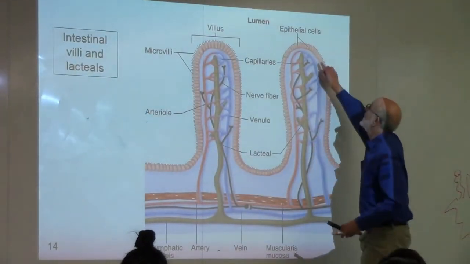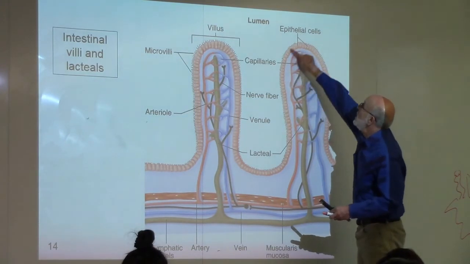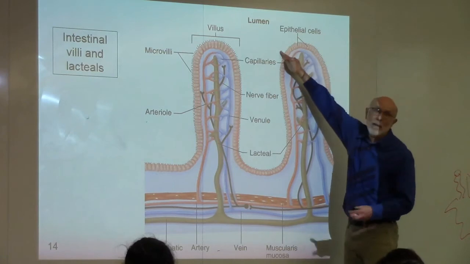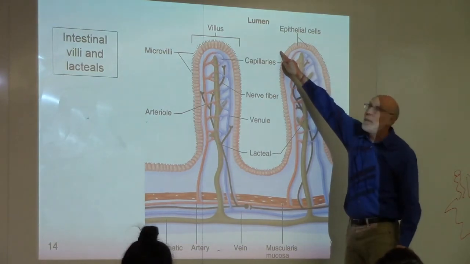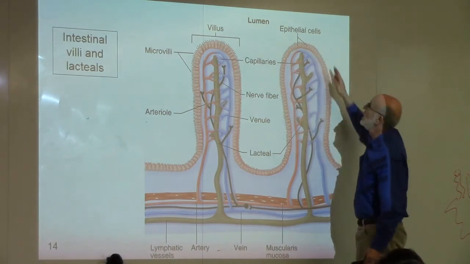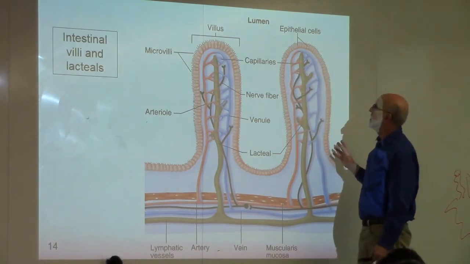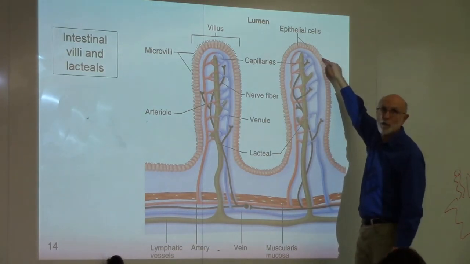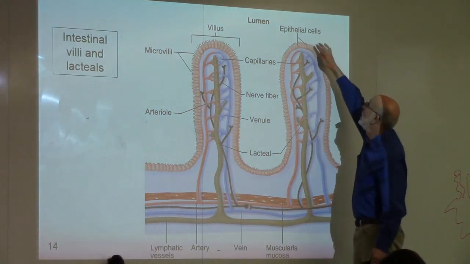So here is the epithelium. What are these little hairs supposed to represent? The microvilli of the apical membrane. So this is the lumen of the intestine. This is a villus, a fold of the small intestine. Here's the microfolds, microvilli.